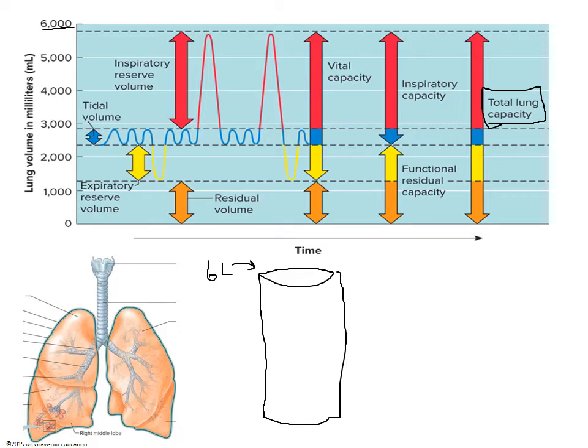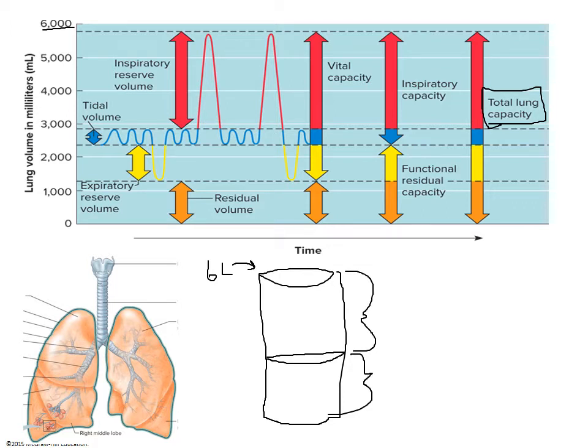If I divided up my lungs, there's going to be an area where the air is in it, and then I'm going to have one space that's got air and another space that has empty spots, so I can breathe into it.